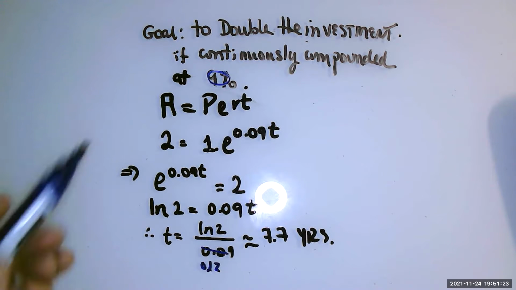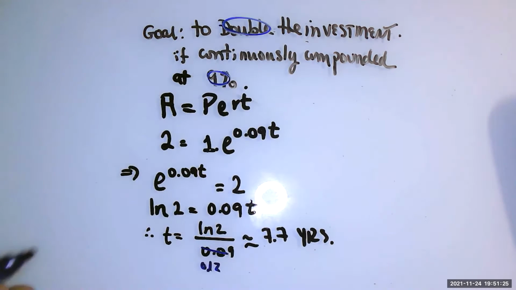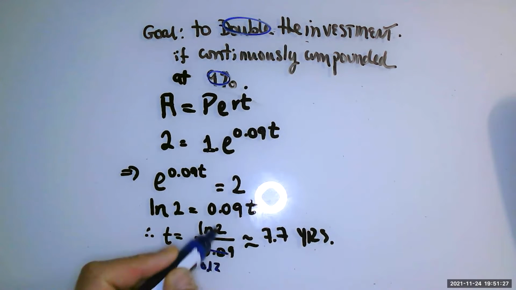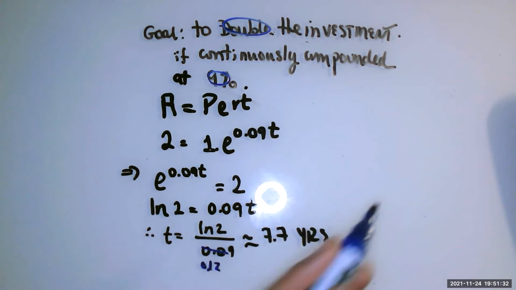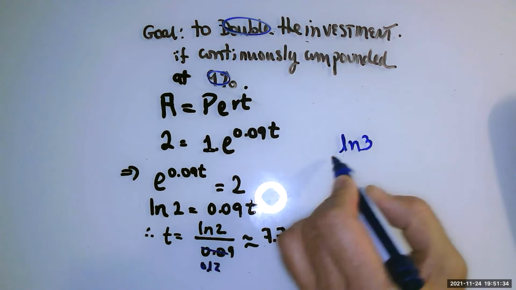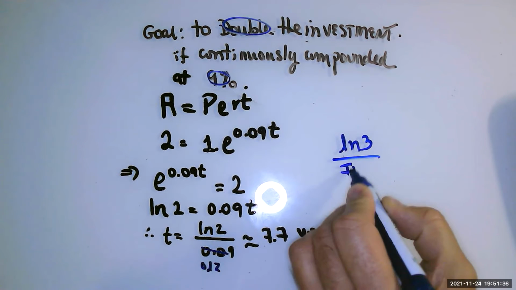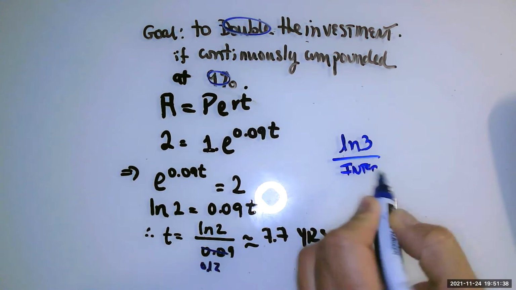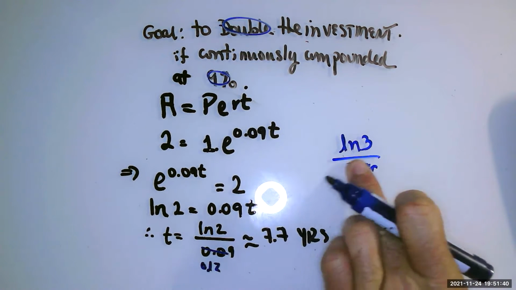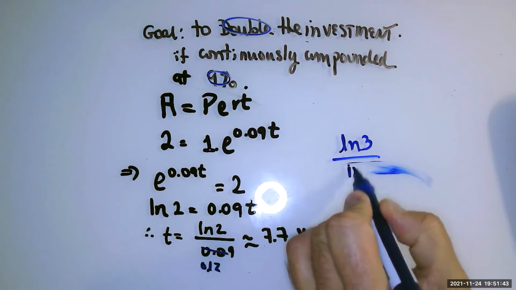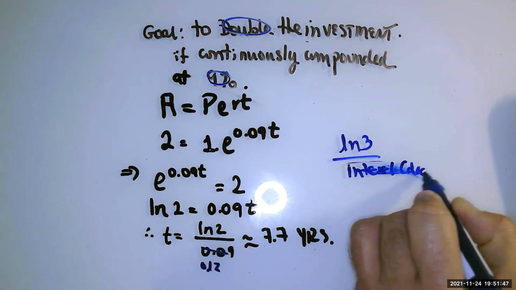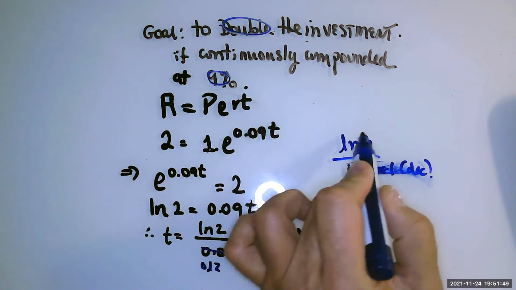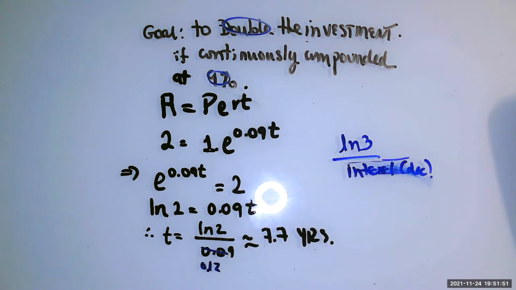If they ask us how long it takes to triple the investment, it will be ln of 3 over the interest rate, in decimal, of course. If we want to double, it will be ln of 2 over the interest, as long as we are doing it continuously compounded.